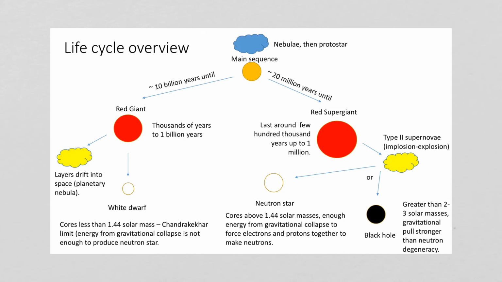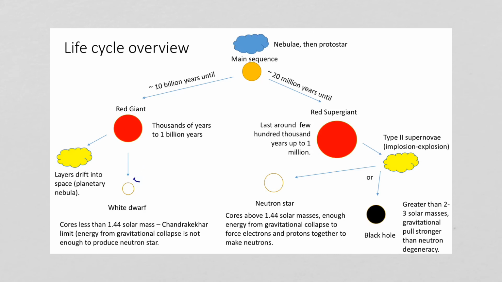They're a lot larger, so the energy to keep the forces balanced, that radiation pressure versus gravitational collapse, the heavier elements run out as time goes on, and then eventually those layers drift into space, and that's called a planetary nebula. And then the core at the middle of the red giant is left behind, and that's called a white dwarf.